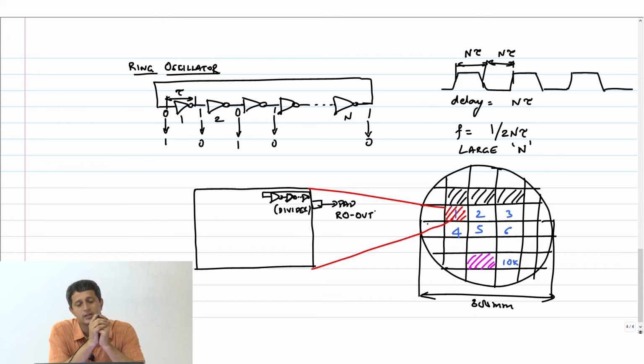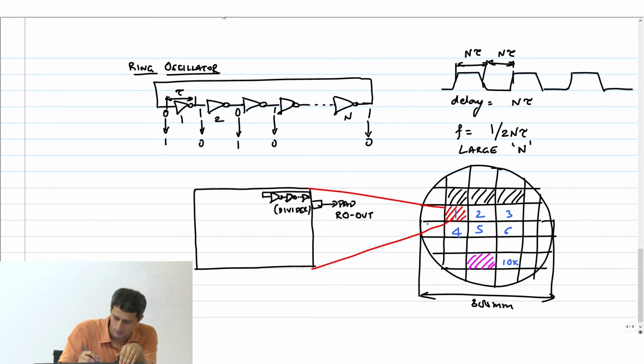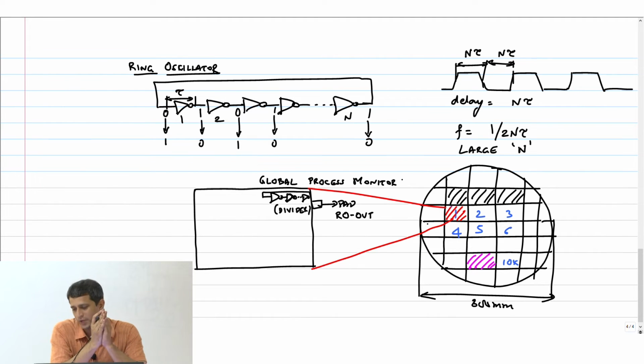So the ring oscillators are therefore used primarily as global process monitors. I'll tell you what global is. Global process monitor. What does global mean here? It means that every transistor in this chip has moved by the same amount, the VT or all the process parameters.